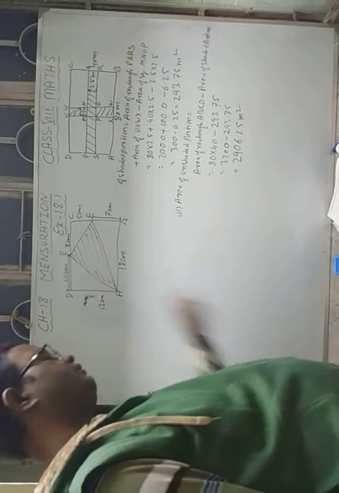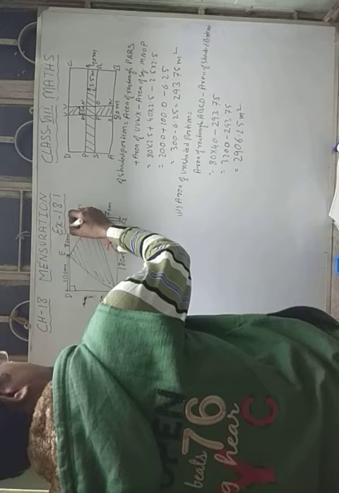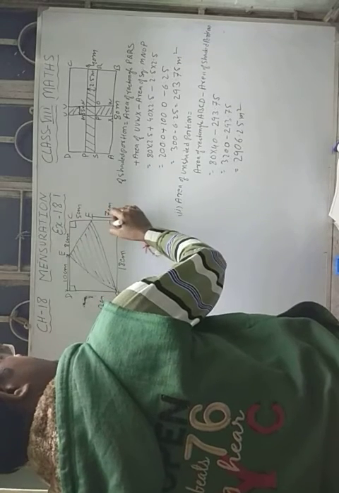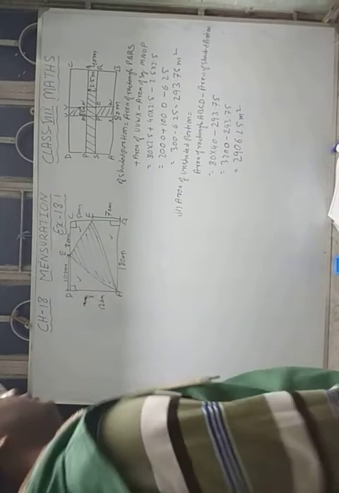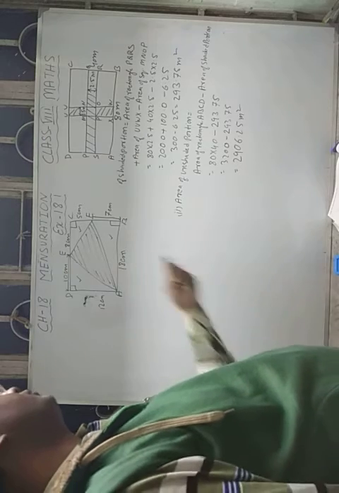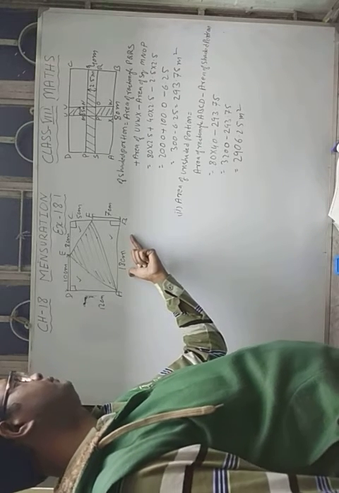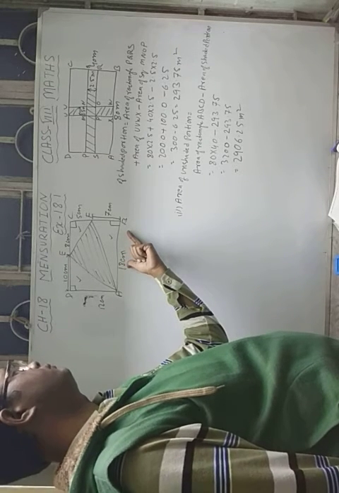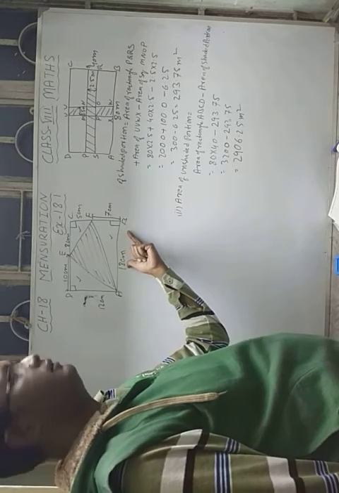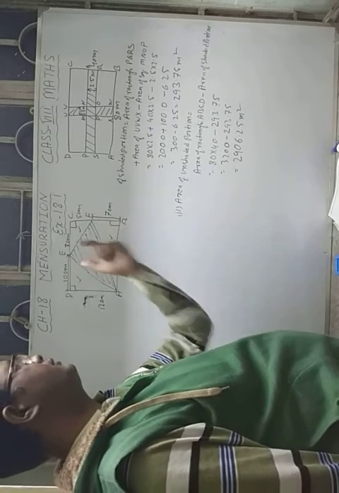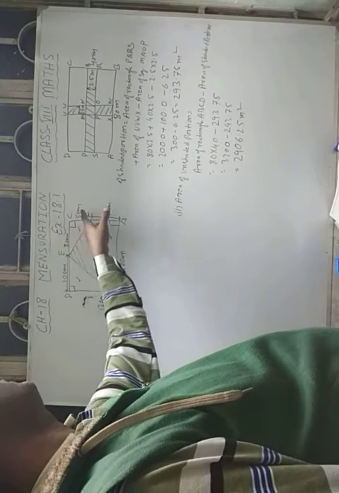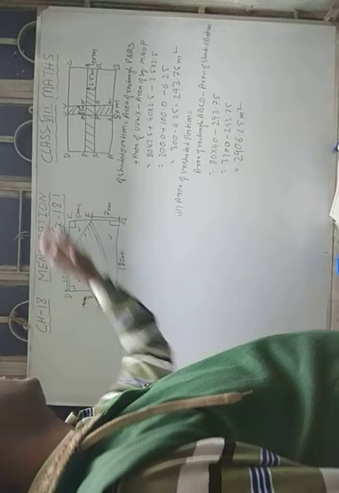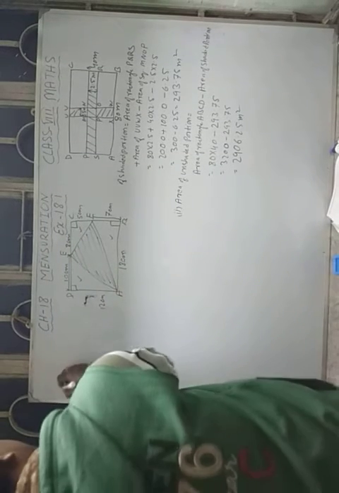Now since it is a rectangle, all the corner angles are 90 degrees. That means all these three triangles are right angle triangles. Here the base is 18 and the height is 7. But before that, we will write how we have got 8 and 5 centimeter.